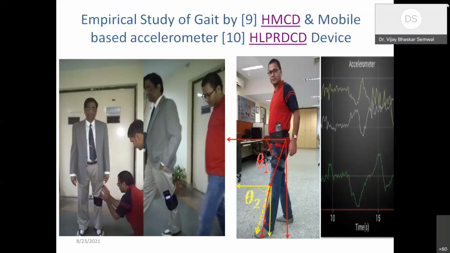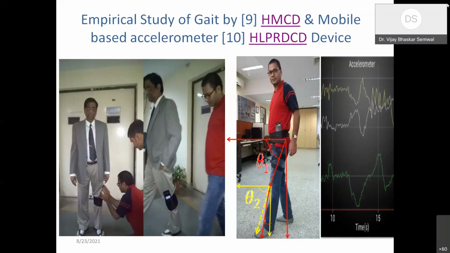It is available in any Android phone. There is one software, Physics Toolbox Accelerometer, which helps us to capture this sensor data. Sensor data has a lot of noise, so that noise we have to remove. We have applied noise removal techniques, by which we can perfectly capture the data.